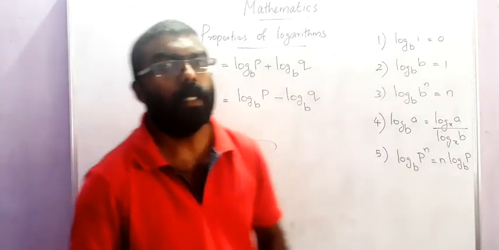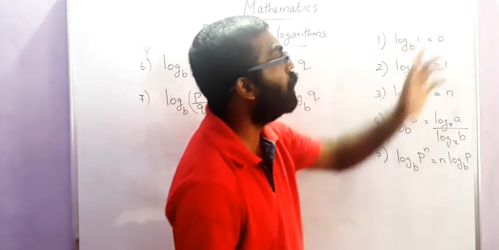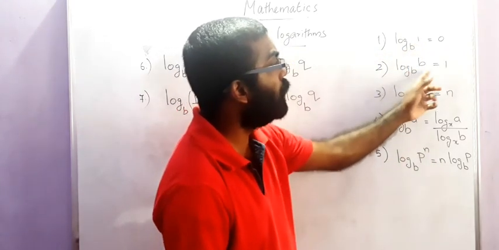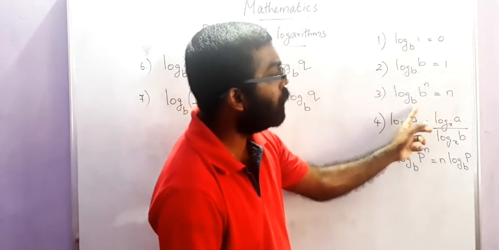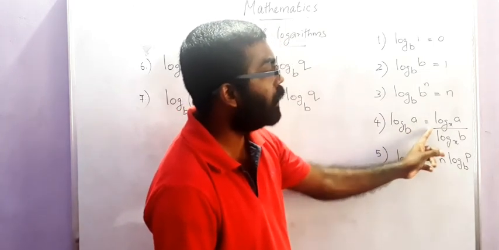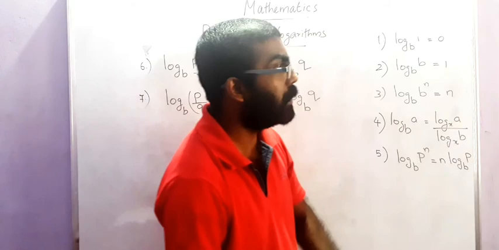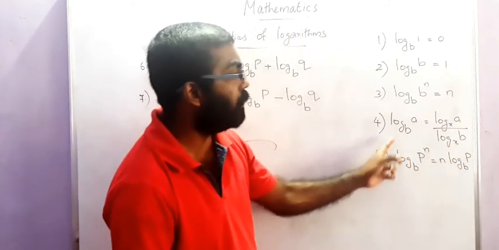Let us have a quick review. Log 1 to the base b is equal to 0 and log b to the base b is equal to 1. Then log of b raised to n to the base b is equal to n. Log a to the base b is equal to log a to the base x divided by log b to the base x, which is the change of base formula.